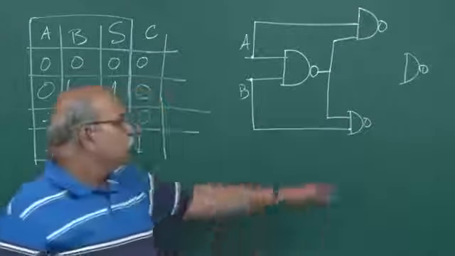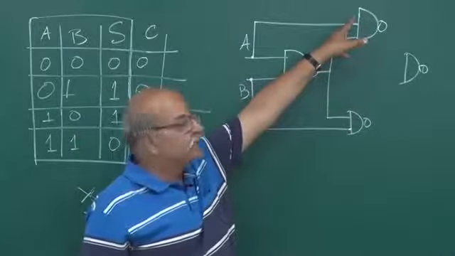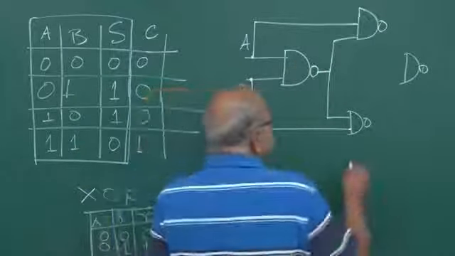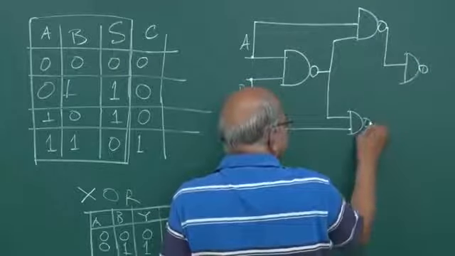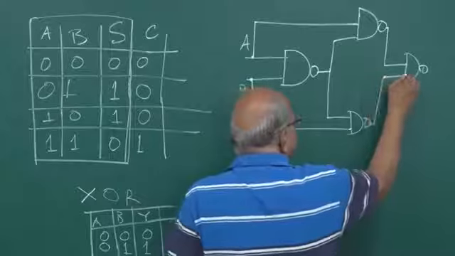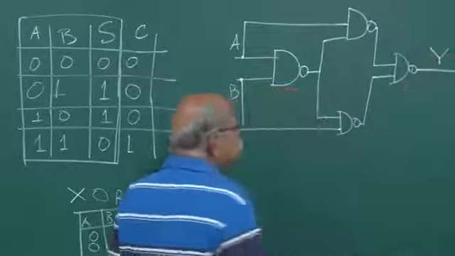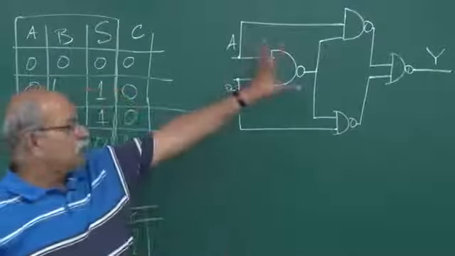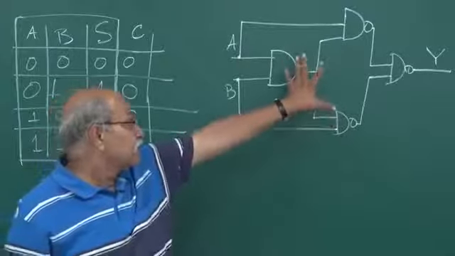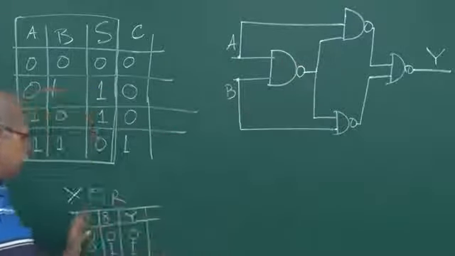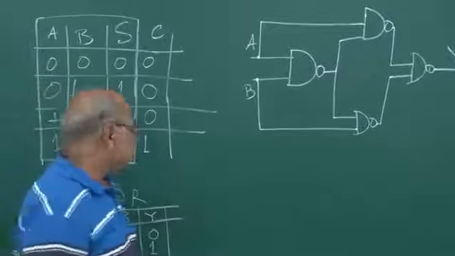So these are the 2 inputs for this NAND gate, these are the 2 inputs for this NAND gate, and then these 2 outputs go here, and this is your final output Y. This is how 4 NAND gates are connected in a circuit, so that you have this kind of exclusive OR coming out. So let's check.